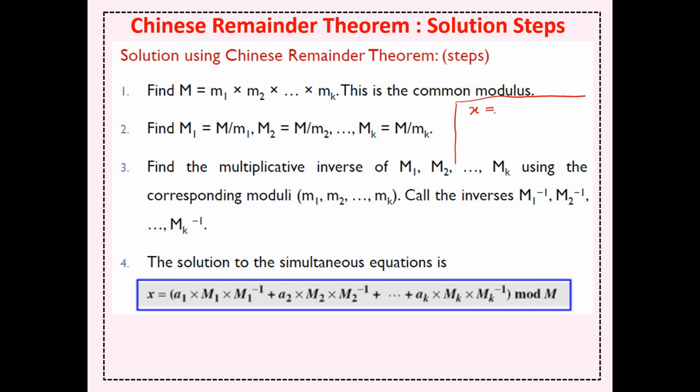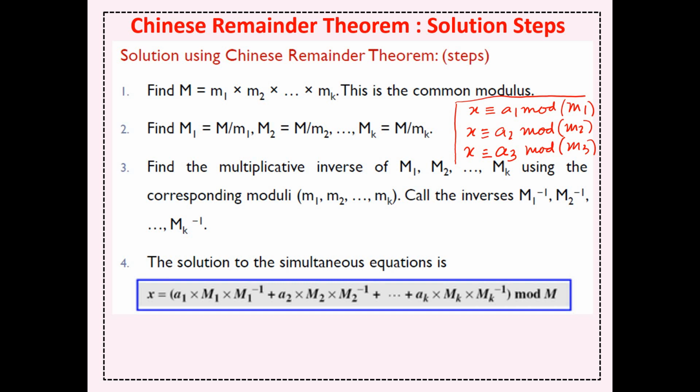So x congruent to a1 mod m1, x congruent to a2 mod m2, x congruent to a3 mod m3. So these are the three equations. I'm just writing them in terms of a1, a2, a3 and m1, m2, m3, taking the same example.